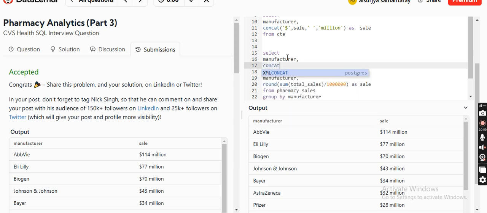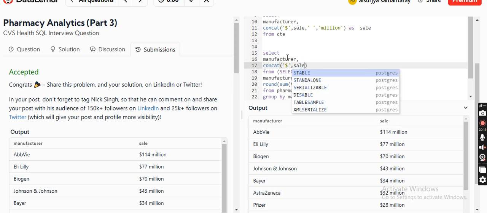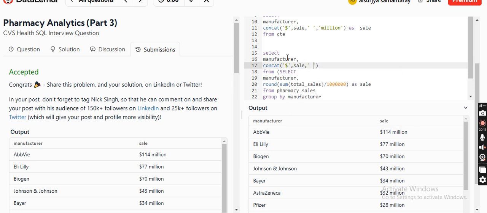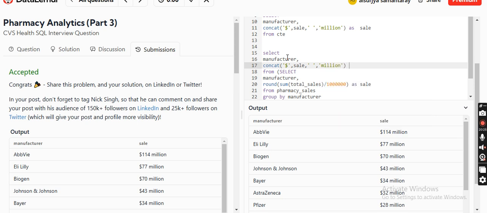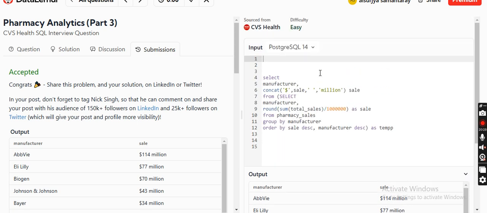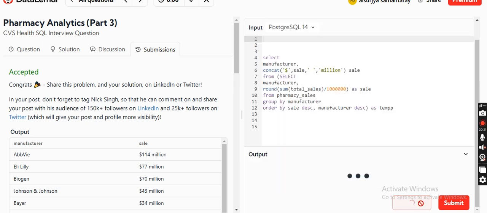So concat dollar, comma, cell, comma, space, comma, and million, and we will name this as cell. So let's just run.